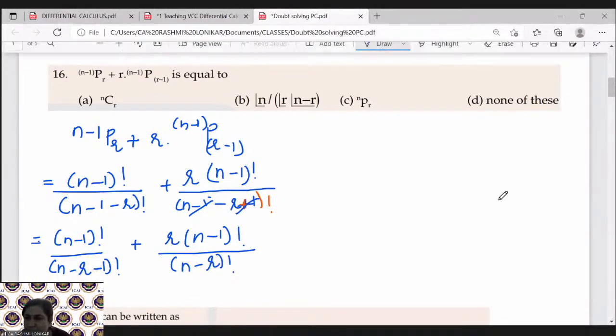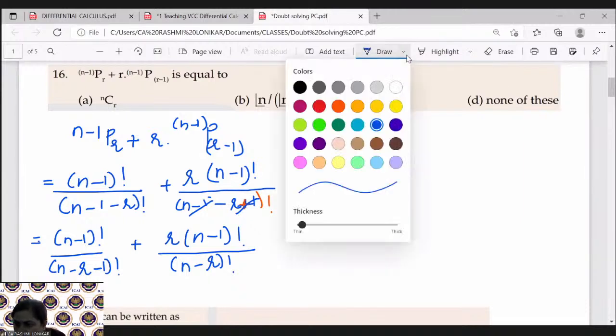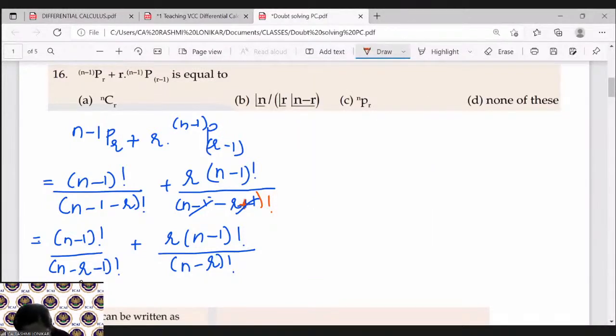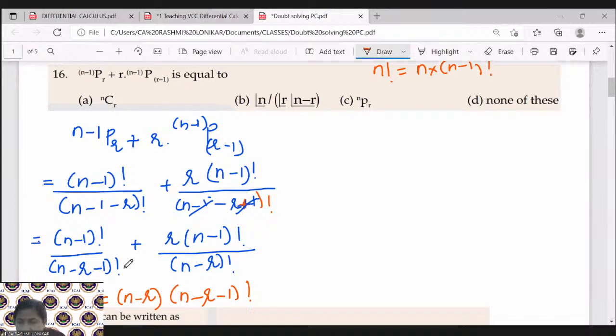Now, very important is n minus R factorial can be written as n minus R into n minus R minus 1 factorial. How do I get this? Because you remember, I can write n factorial as n into n minus 1 factorial. Remember? N into n minus 1 factorial. So same way over here, n minus R into n minus R minus 1 factorial.